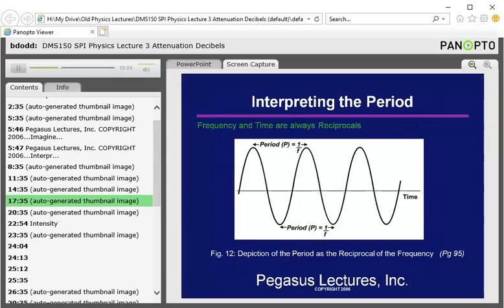All right. Let's do one more. Let's take it all the way down to 1 over 100. Now, if we do that, we've got 10 log 0.01 over 1, which is -20 decibels.